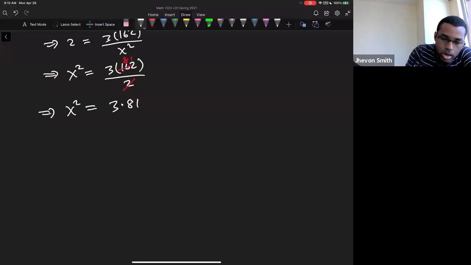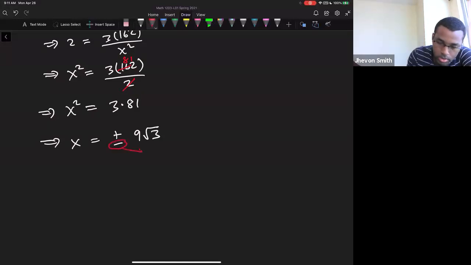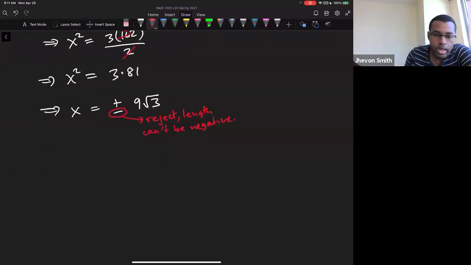So here I would just have 9 rad 3. Now, of course, we are going to reject the negative. Not in a quantum realm or anything. So 9 rad 3 is going to be our x. So now we move on to step 6, answer the question.